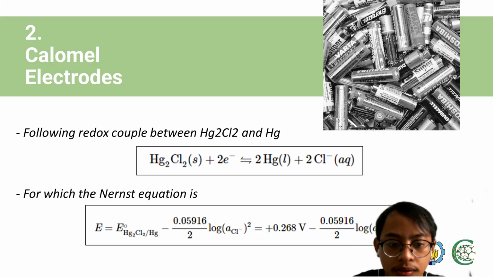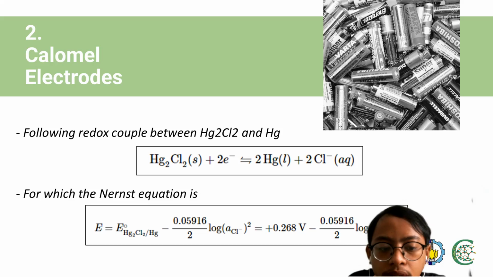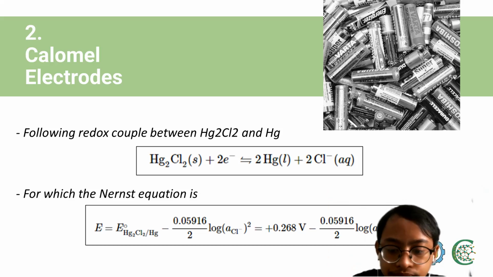Then we can determine the potential or the concentration by using the Nernst equation. Basically, for the SCE, or saturated calomel electrode, we can determine the concentration of the chloride by determining the solubility of the potassium chloride in the solution itself. That is the basic principle of the SCE.